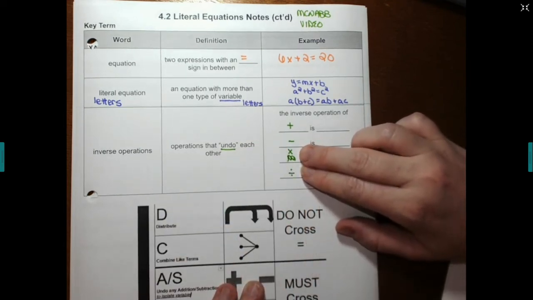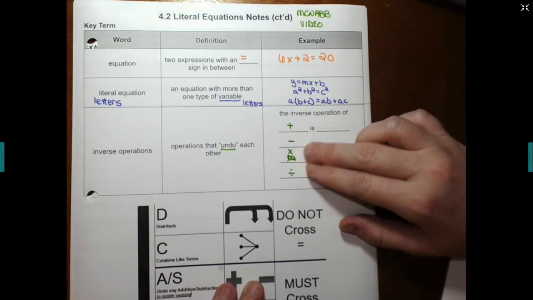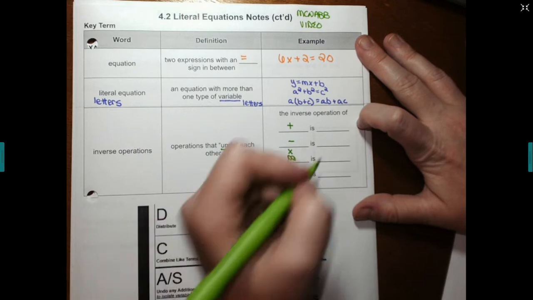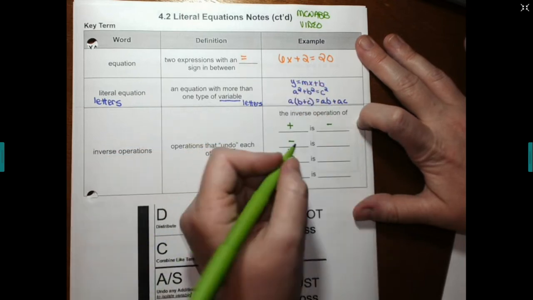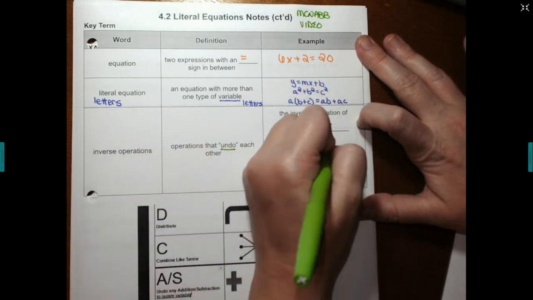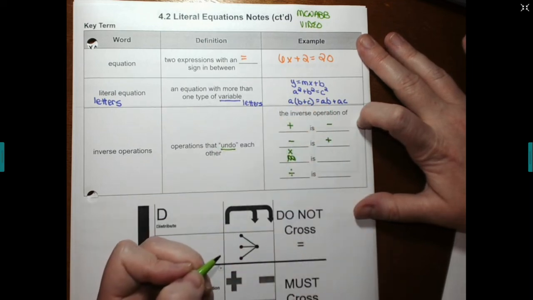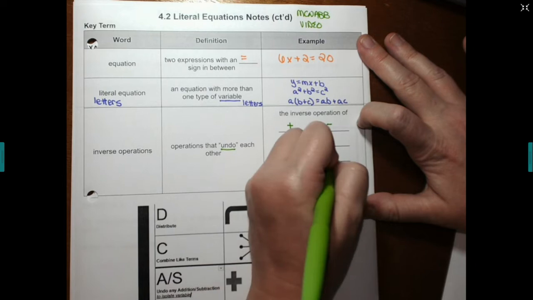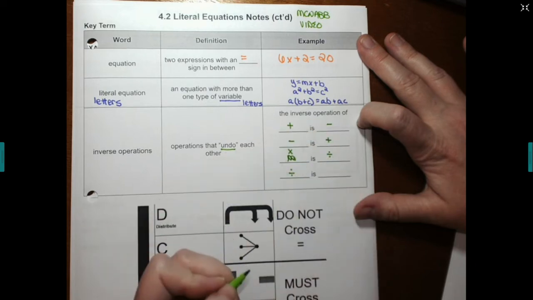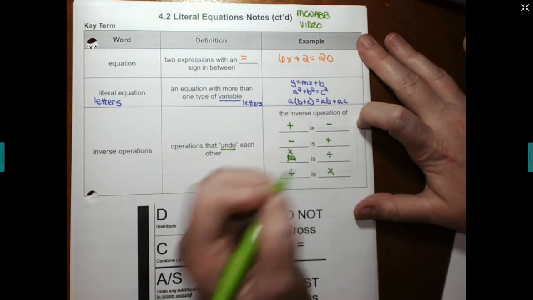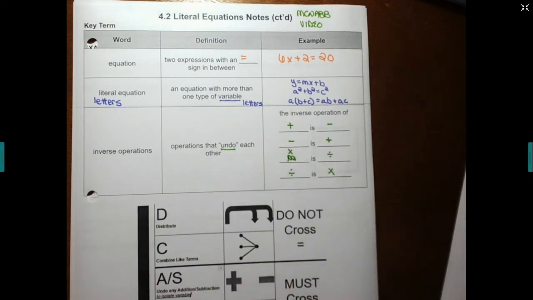We don't use them actually when we are doing math. The inverse operation of addition is subtraction. That means the inverse operation of subtraction is addition. The inverse operation of multiplication is division. And the inverse operation of division is multiplication.